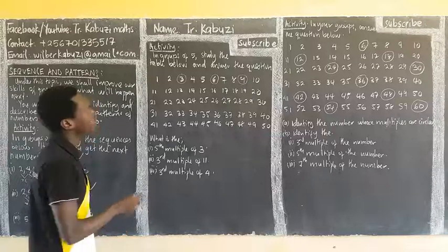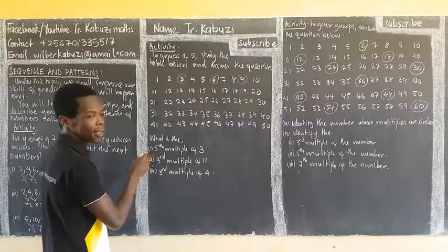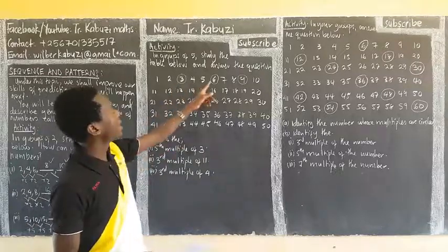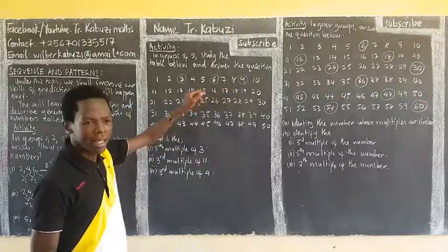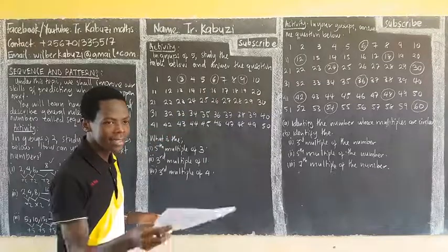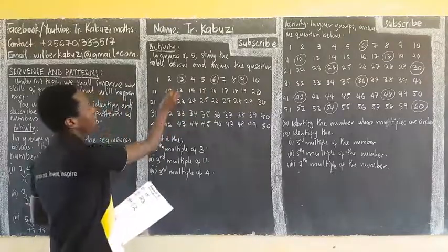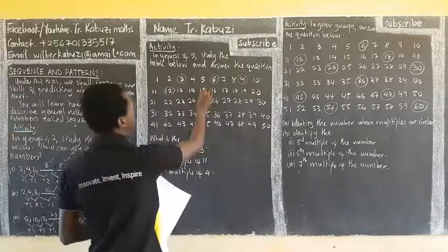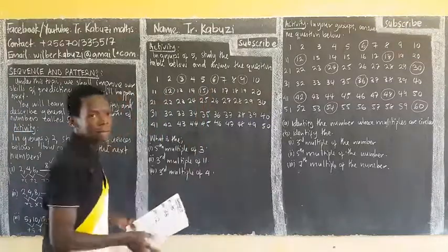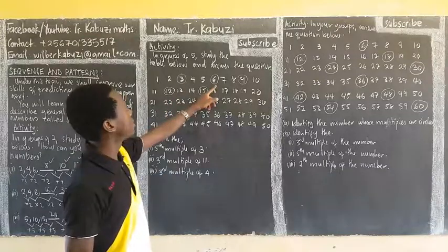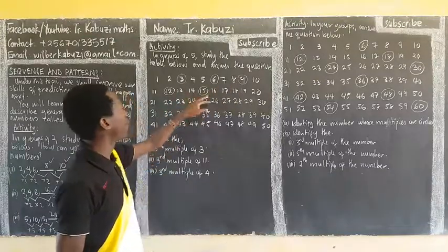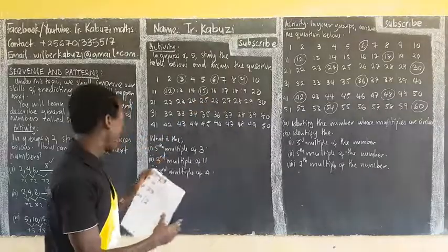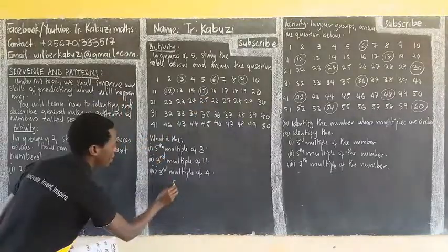What's the next? 12. Then the next, 15. So are they 5? Count and see. 1, 2, 3, 4, 5. So the 50th multiple of 3, that's why they are having 15.